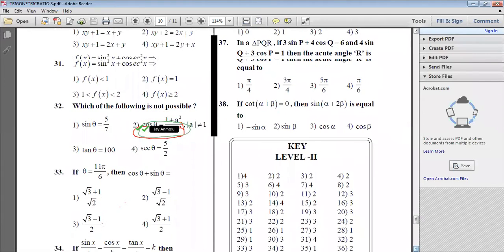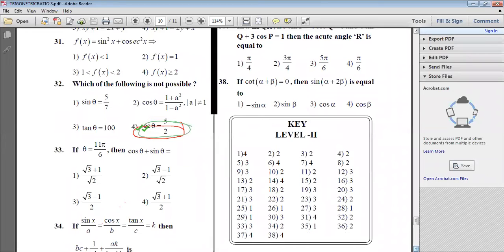Now look at the 32nd problem. Which of the following is not possible? Sin theta equal to 5 by 7. Is it possible? Yes, sir. Second option not possible, sir. Second option is not possible. Why?